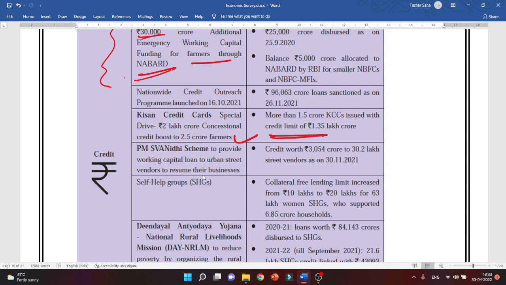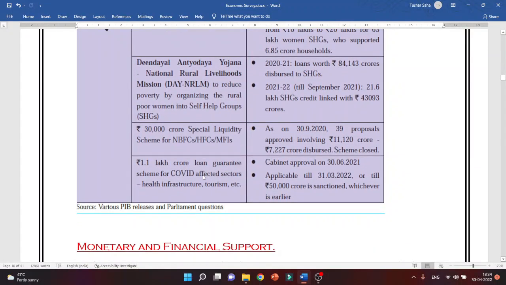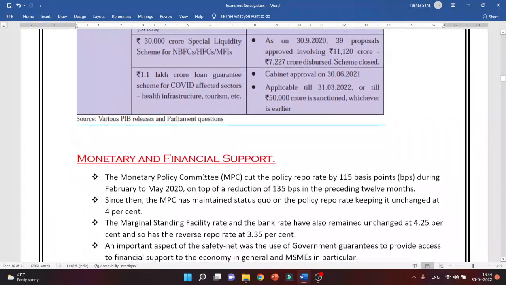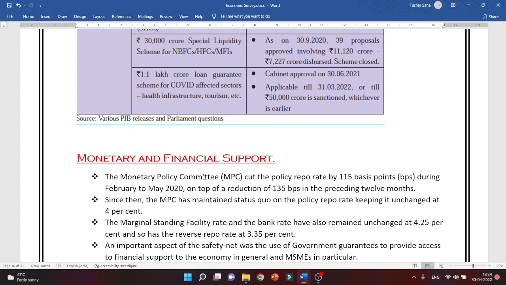More than 1.5 crore Kisan Credit Cards issued with a credit limit of 1.35 lakh crore. Okay. So now you can read all these three at least 4 to 5 times, because these are data and it's obvious that you will tend to forget. So here revision would be the key. So please do revise it from the material.